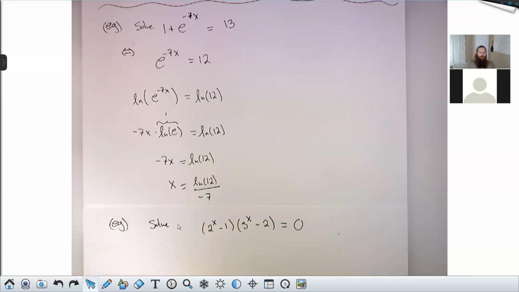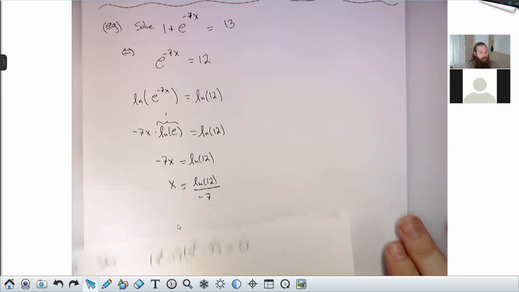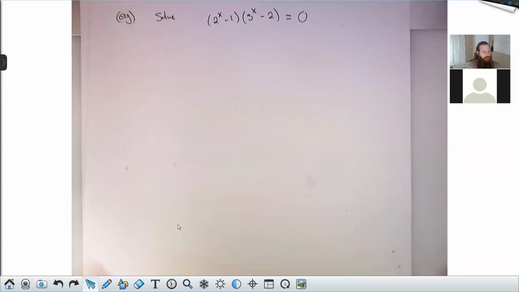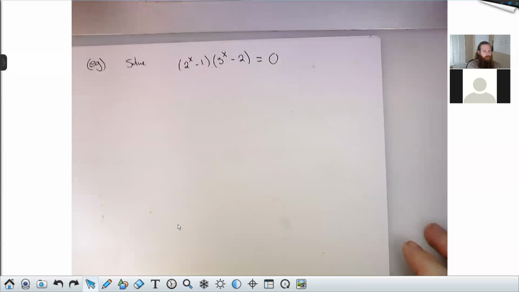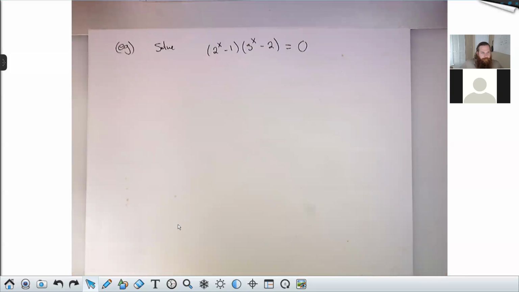Sorry, 2 to the x, I gave away the first step. 2 to the x minus 1 times 3 to the x minus 2 equals 0. What would be a good first step on this fella? I definitely want to isolate x, yeah. But how do I do that?